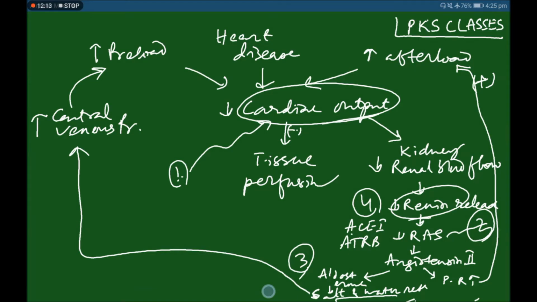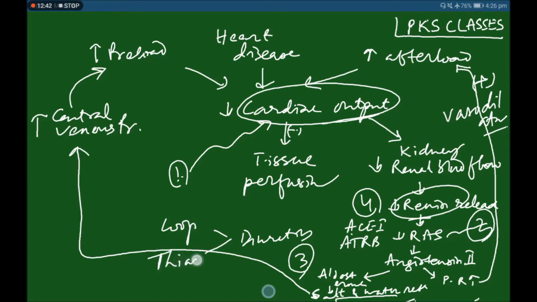And we can use vasodilators here, like organic nitrates such as glyceryl nitrate, and we can also use diuretics, which may be loop diuretics like furosemide, and thiazide diuretics.